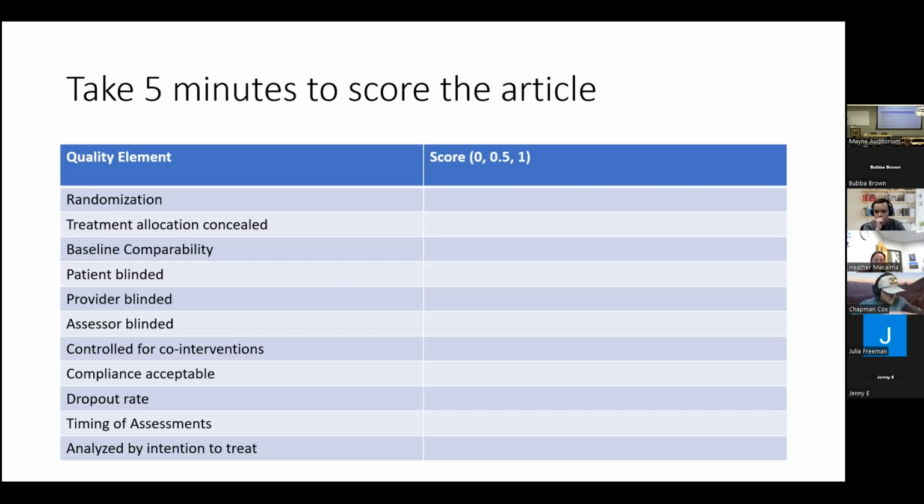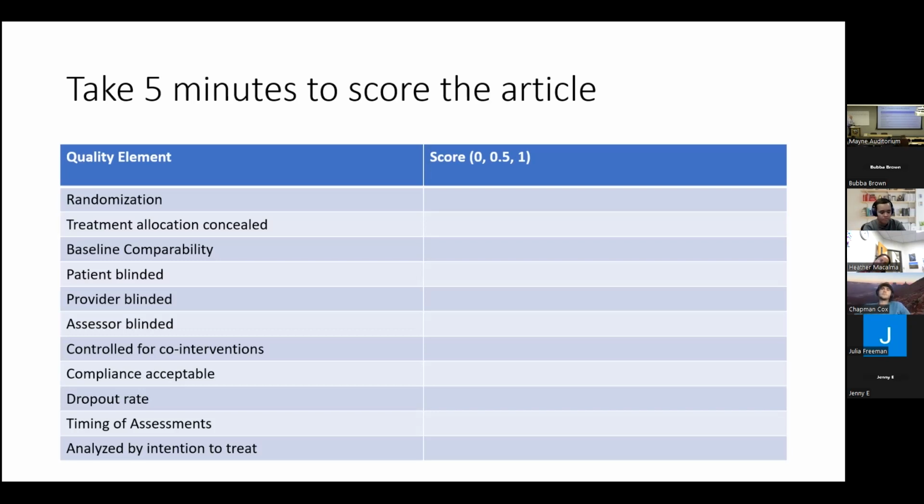So let's start with number 1, randomization. What kind of score do you want to give these guys? Give them a 1. And on what basis? We mentioned that it's randomly assigned, 2:1 ratio, web based. So that's okay.